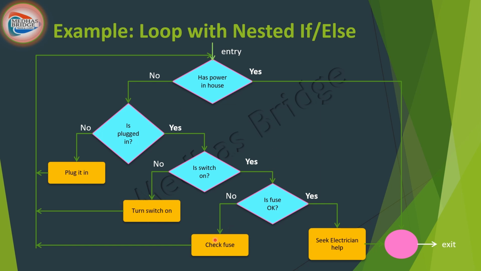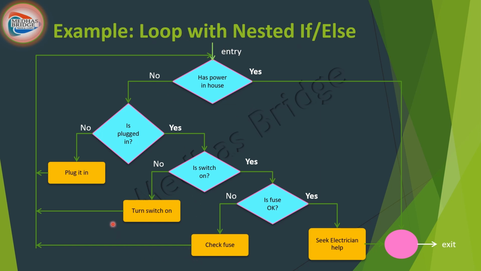This diagram illustrates the concept of a loop with a nested if else statement. In the last session, we saw how nested if else can be implemented as a use case, right? This use case demonstrated the nested if else, but the extension to it is a loop.